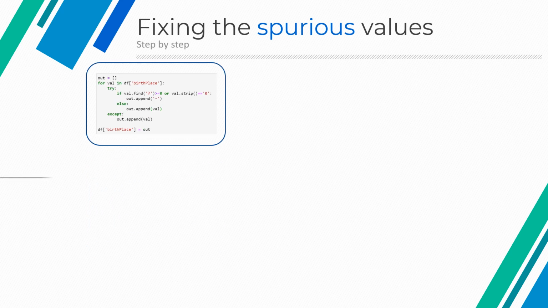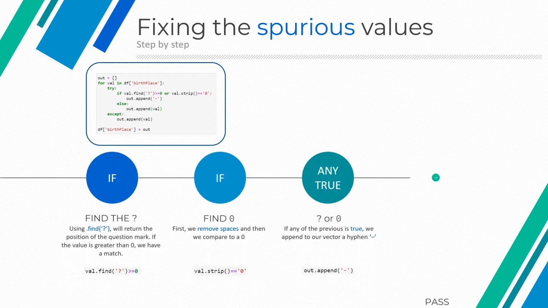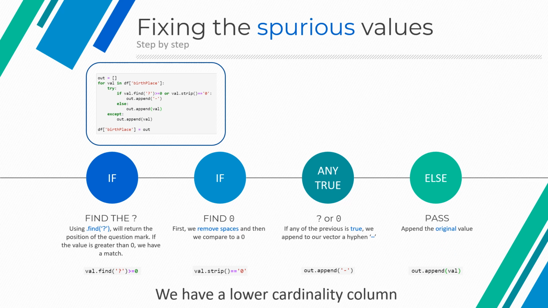Let's go step by step around this chunk of code and fix this issue. We have done a for loop for all the values inside the column birthplace. It includes a try except to solve possible problems of the function find, when it's not possible to apply. But the core of this code is to check if it's possible to find any question mark or even a zero in the cell, prior to removal of any white space surrounding.